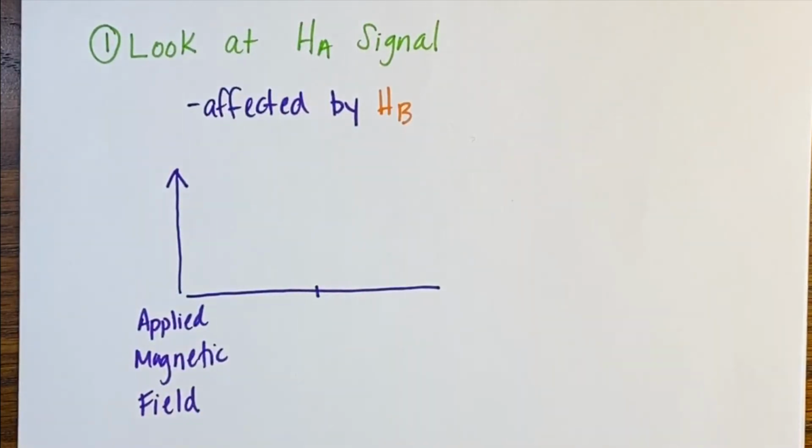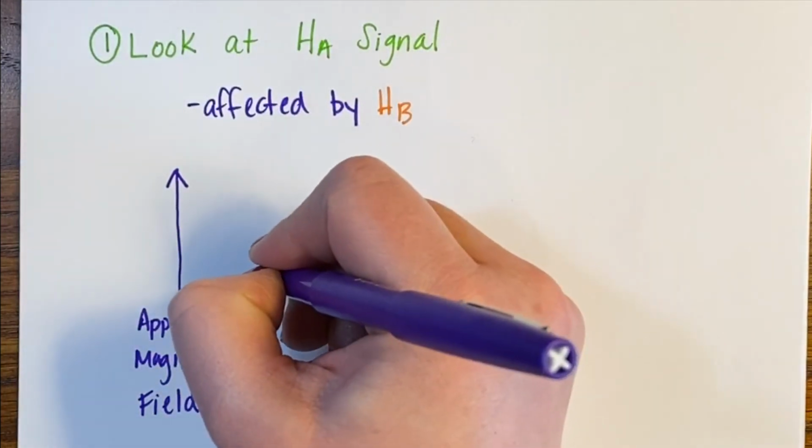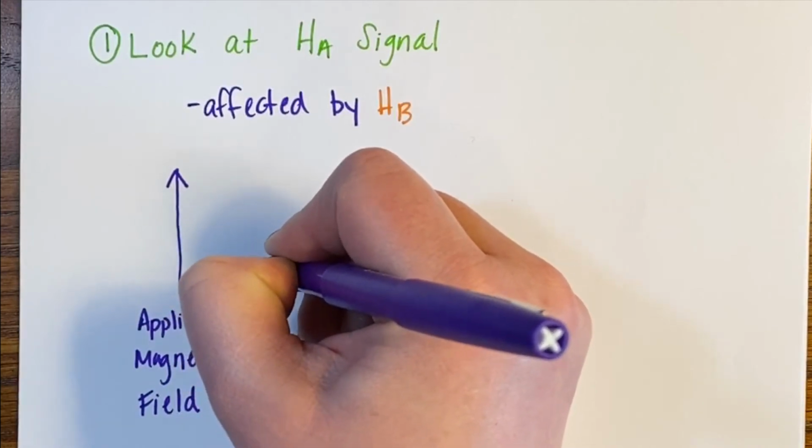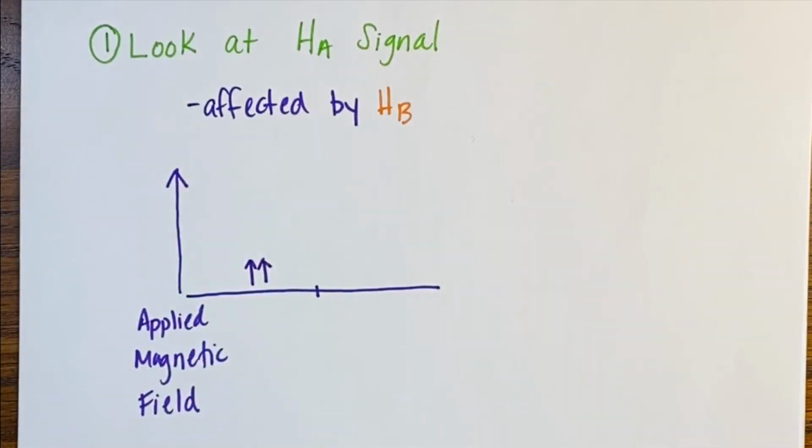If our protons HB work together and align themselves with the applied magnetic field in a way that they enhance that magnetic field, where both of them enhance, that's going to allow the protons HA to see a magnetic field that is enhanced with respect to the applied magnetic field.